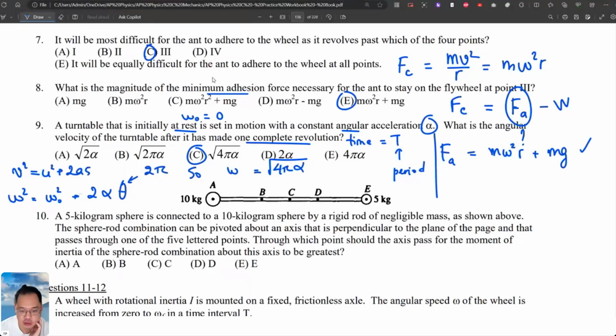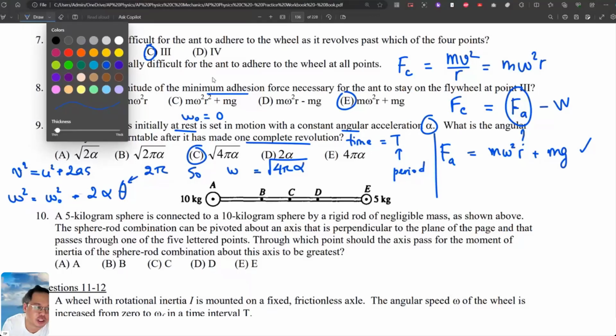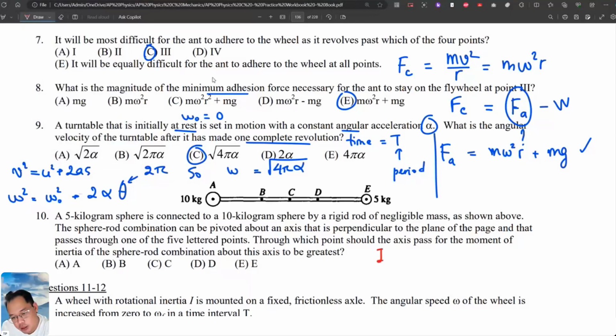The moment of inertia to be greatest. Again, the formula for the moment of inertia is the sum of each individual mass times the square of its distance to the axis of rotation.